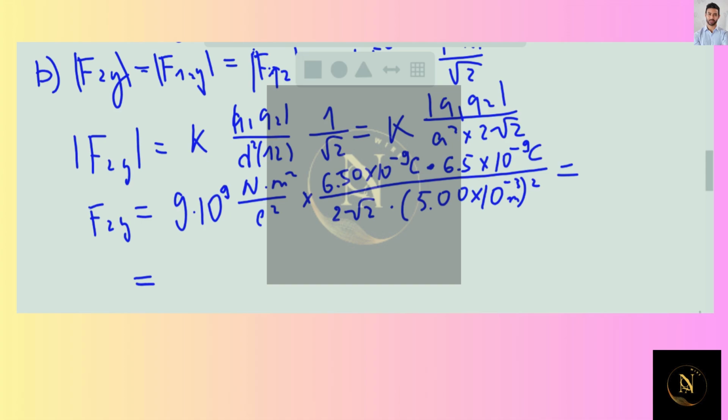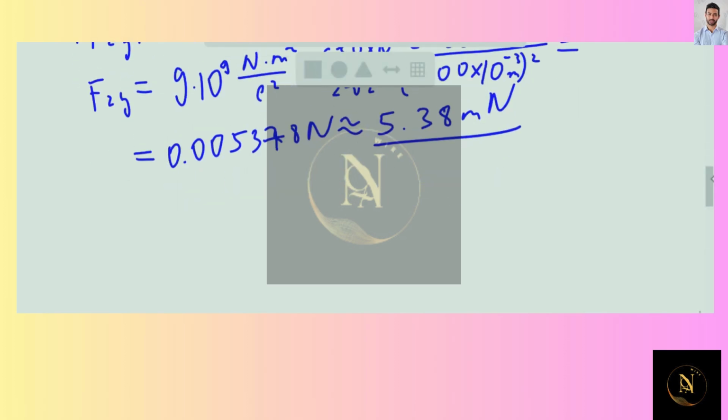So let's calculate this number. It equals 0.005378 newtons, which roughly equals 5.38 millinewtons. Okay, now we found the y component.